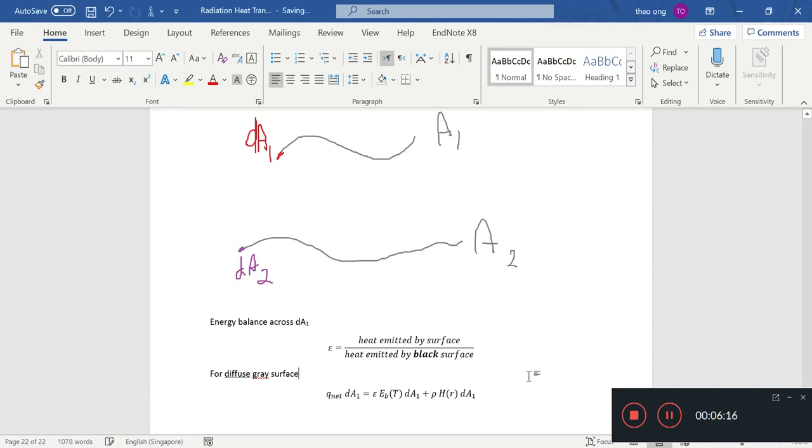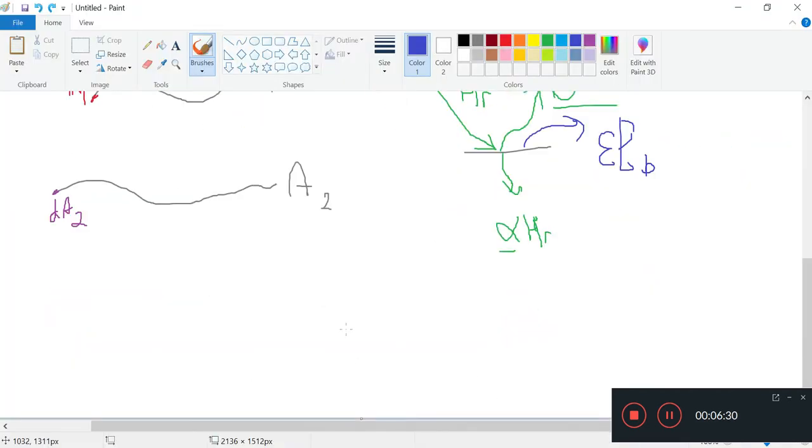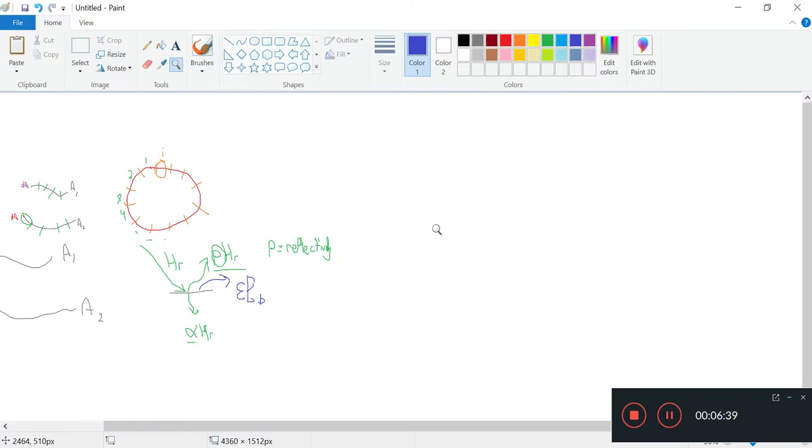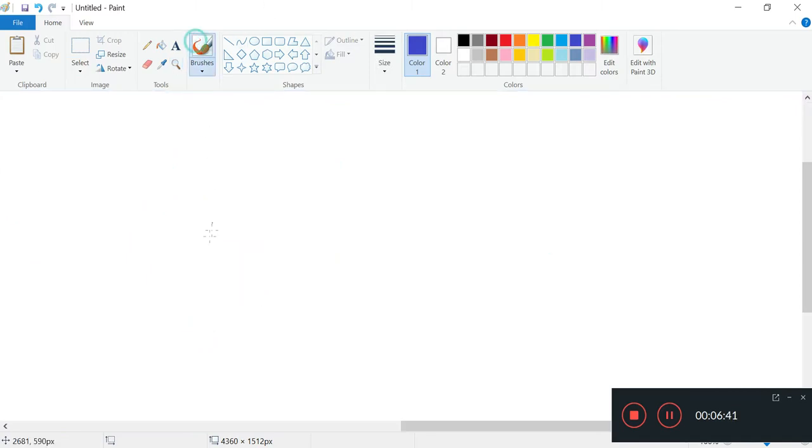And what kind of surfaces are diffuse? You can imagine a mirror, where the surface is very smooth. Let's say you have a perfectly smooth surface.